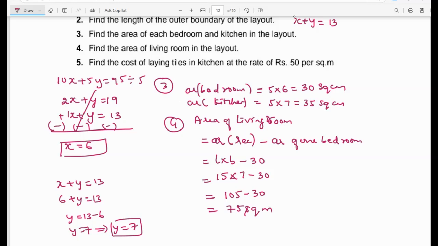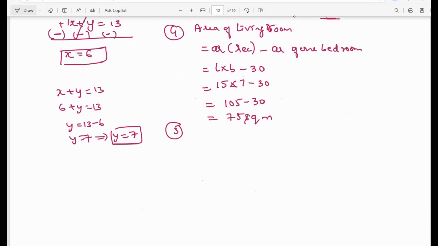Now it says find the cost of laying tiles in kitchen at the rate of rupees 50 per square centimeter. So the area of kitchen is 35. It is asking you to find the cost if it is 50. So area of kitchen is 35 square meter.